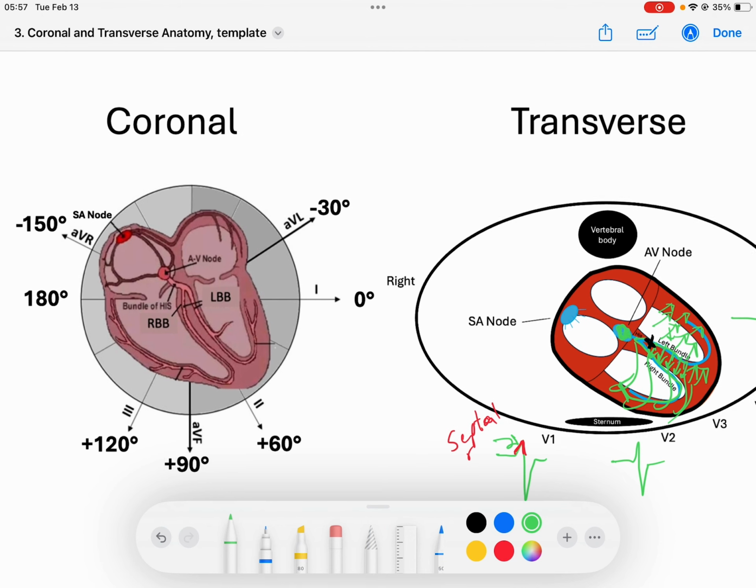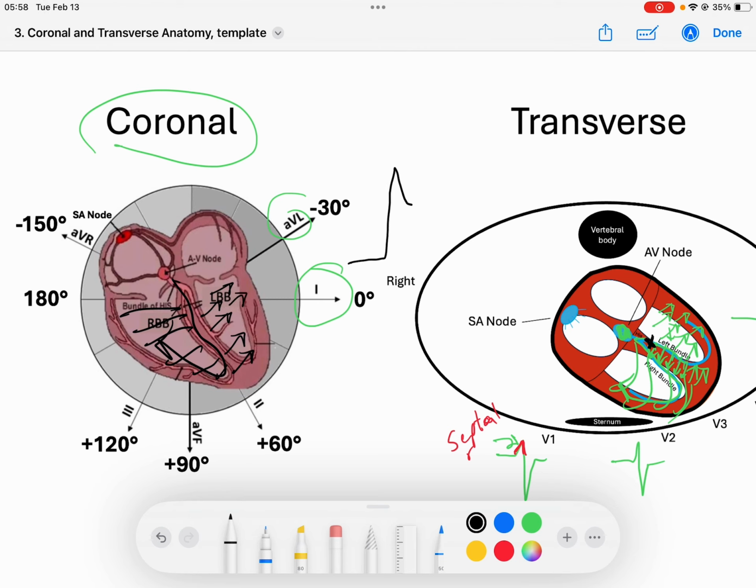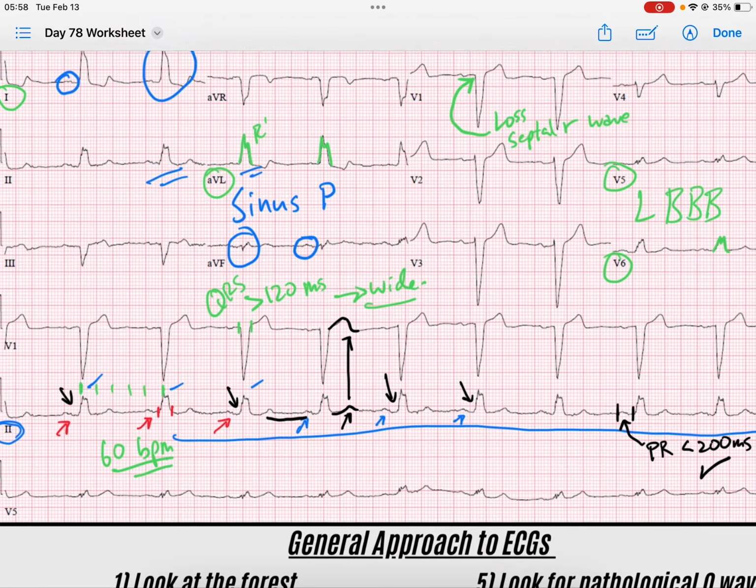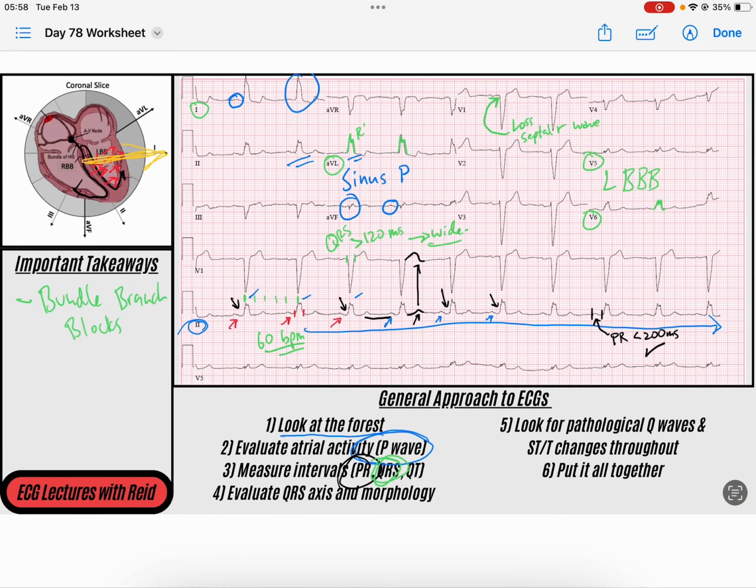We get the same thing over in our lateral leads in the coronal section, where it's leads 1 and AVL that are picking up the signal originally going fast into the right ventricle and then slowly to that left ventricle late. And so you get this characteristic slurring of that QRS in our left bundle branch block. And we have that here. Our left bundle, we've lost the septal R wave, and we have slurring positive forces in the lateral leads.